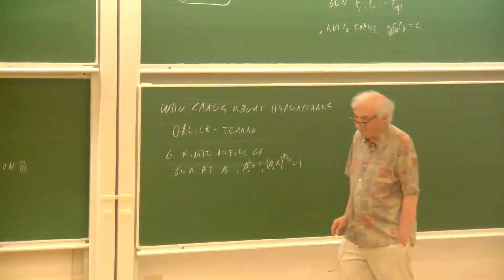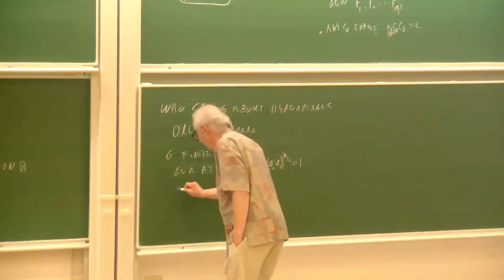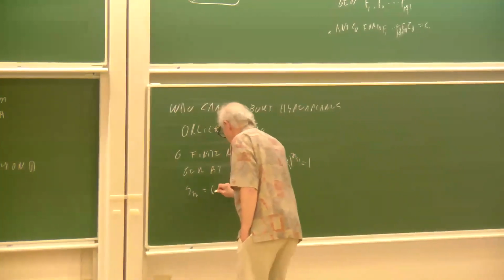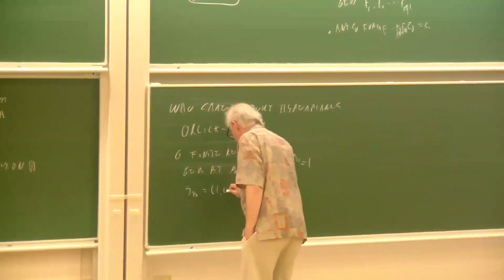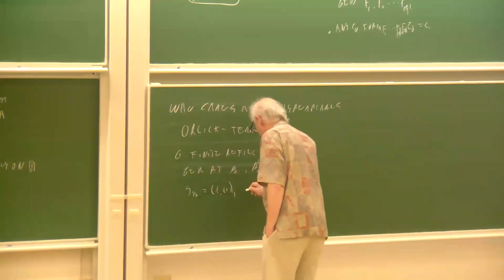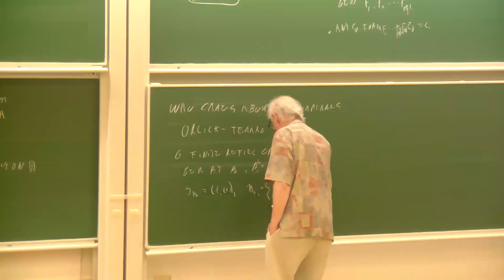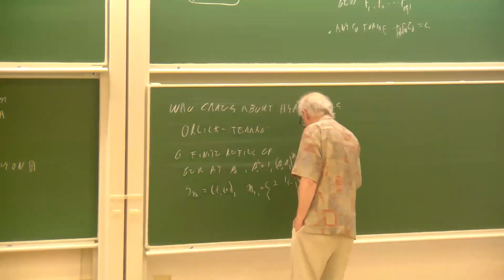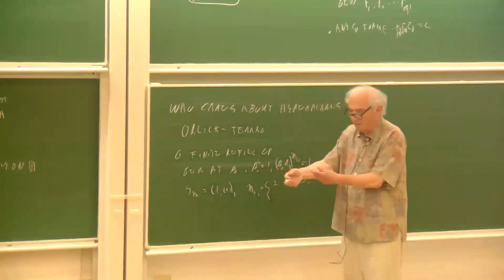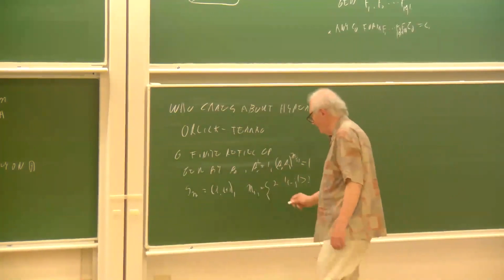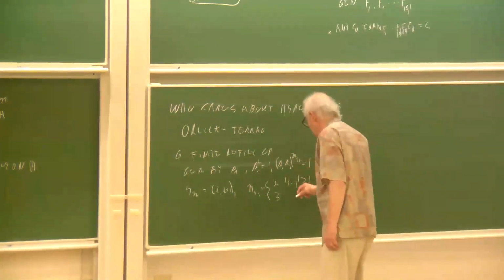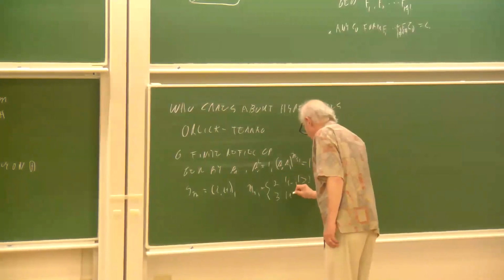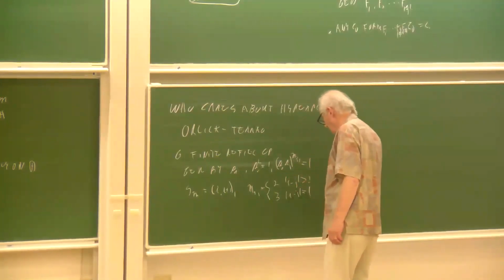And for example, the symmetric group S_n is generated by the adjacent transpositions, and m_ij is equal to 2 if the two transpositions are disjoint, and is equal to 3, I guess, because this is a 3-cycle, if i minus j is equal to 1, if I got it right.